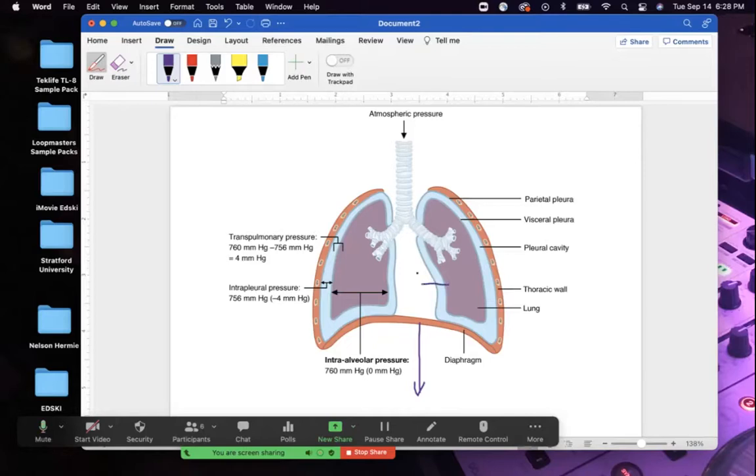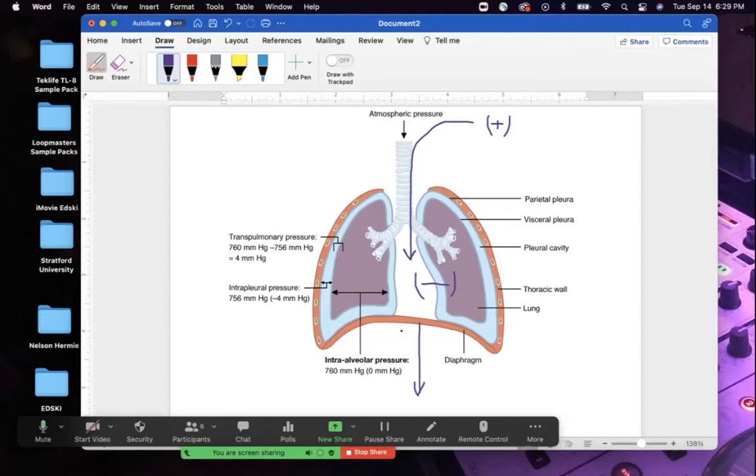I'm going to put a big minus sign here in my lungs, because the atmospheric pressure, when I inhale, is positive. So we already know the laws of diffusion, that if I'm coming from an area of high concentration, which is atmospheric pressure, to an area of low concentration or negative pressure, in this case of the lungs, then I am inhaling. Therefore, the air should come from the outside atmosphere inside.